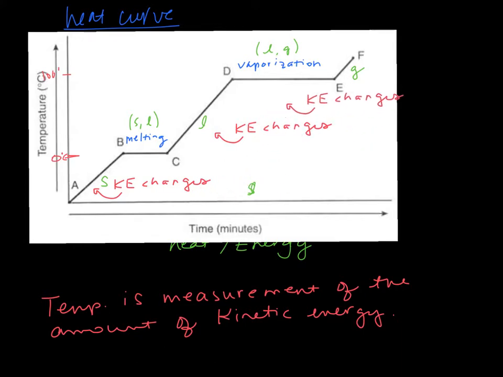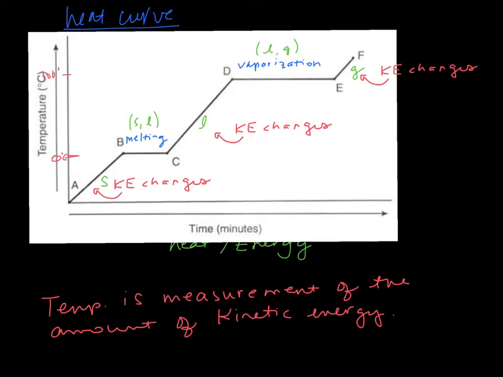And then the kinetic energy also changes right here where it's a gas, because the temperature is changing, right? The temperature is not changing right here or right here. All right, so I fixed that. Okay, sorry about that.